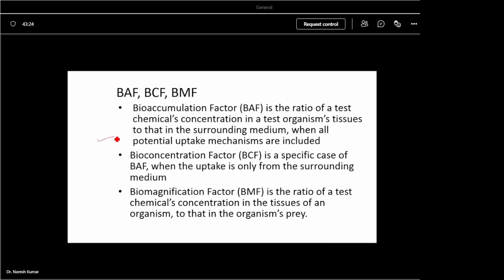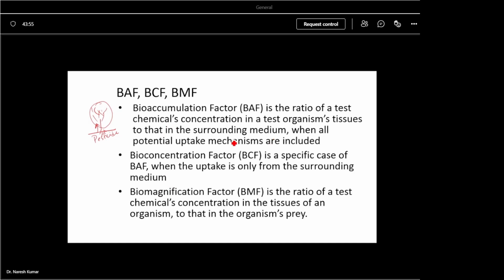So something is there in the soil, and there is this plant or tree that is growing. Now, if the soil is contaminated with, say, pesticide, what will happen? This plant through roots will be able to uptake. Now, if this pesticide is not metabolized by this plant or tree, it will bioaccumulate.